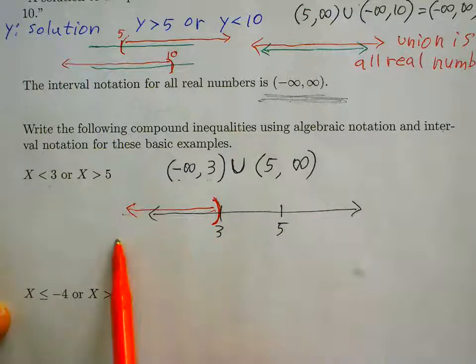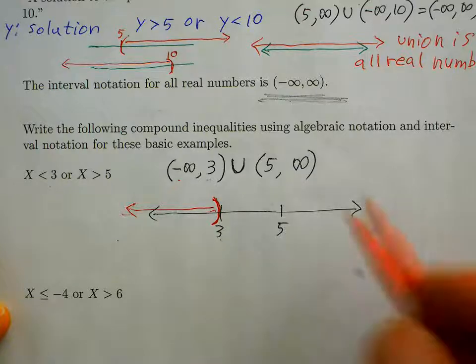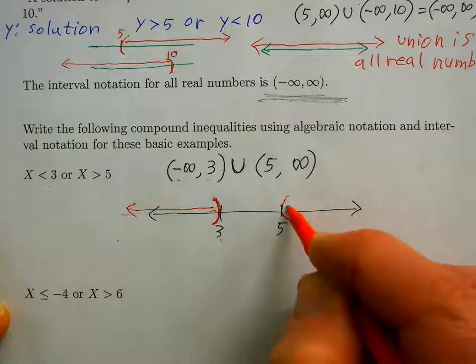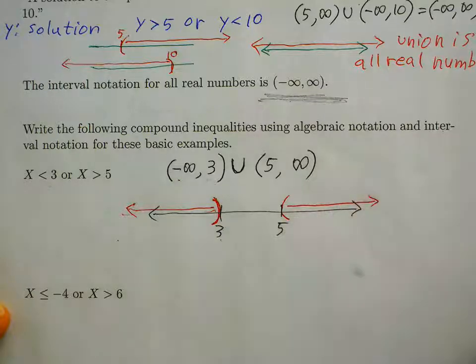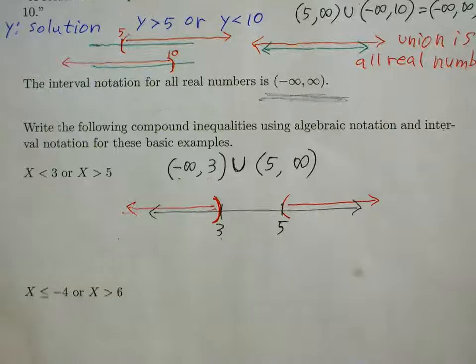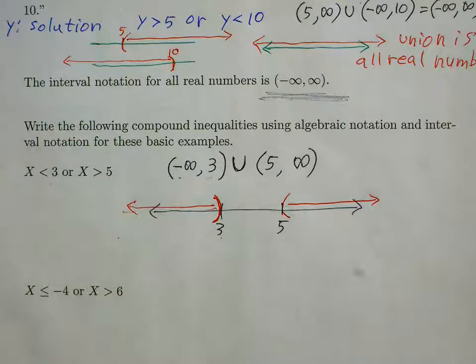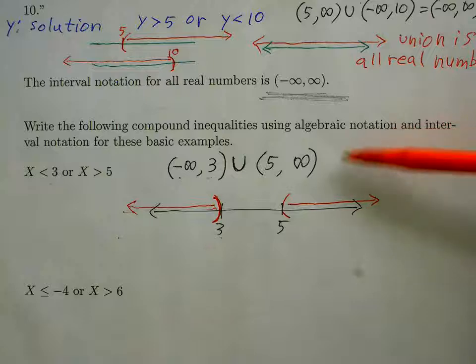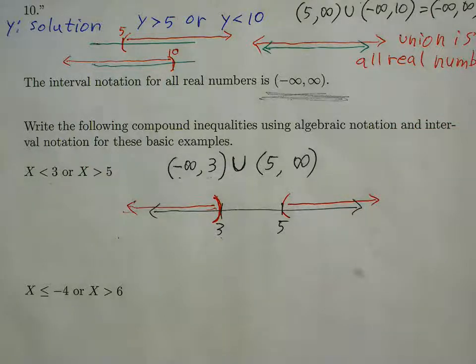This is from negative infinity to 3. And then union greater than 5. So to the right of 5, but excluding 5. So you can see that the graph resembles the interval notation, sort of.